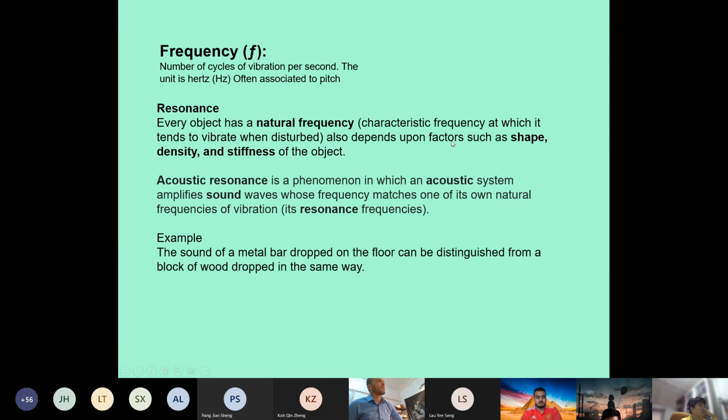It also depends upon factors such as the shape, density, and stiffness of the object. Acoustic resonance is a phenomenon in which an acoustic system amplifies sound waves whose frequency matches one of its own natural frequencies of vibration.